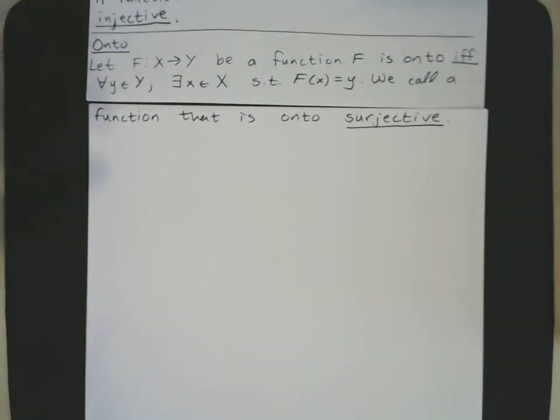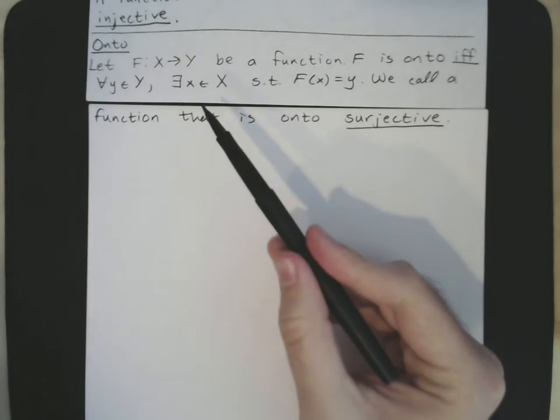So we have injective functions and surjective functions. Injective means one-to-one, surjective means onto. Again, this is no different from the usual definition.